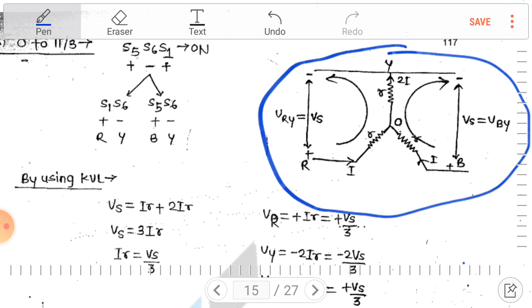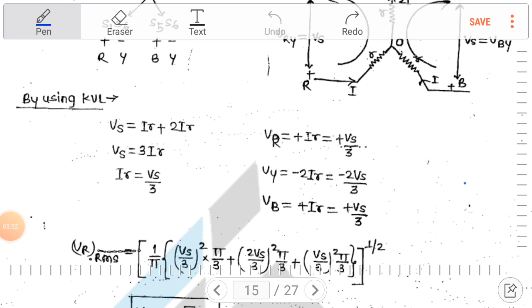Current I will flow from R phase and B phase, and the sum of these two currents equal to 2I flows from Y phase, and the voltage polarities are given as we have found in the circuit diagram.